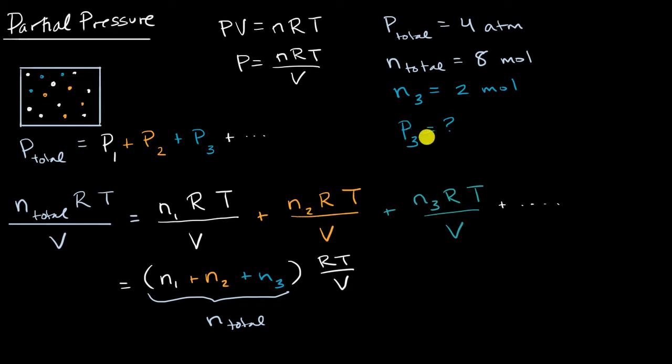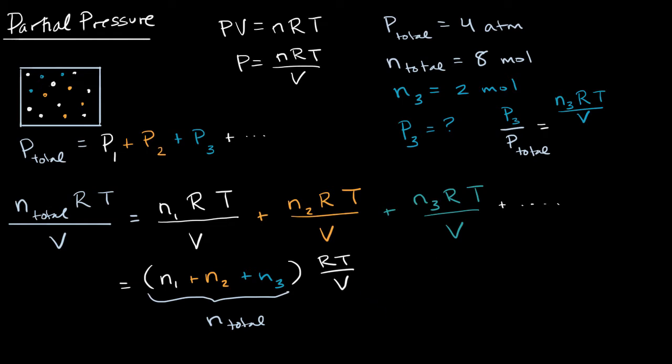Well, one way you could think about it is the partial pressure due to gas 3 over the total pressure is going to be equal to, if we just look at this piece right over here, it's going to be this. It's going to be the number of moles of gas 3 times the ideal gas constant times the temperature divided by the volume.